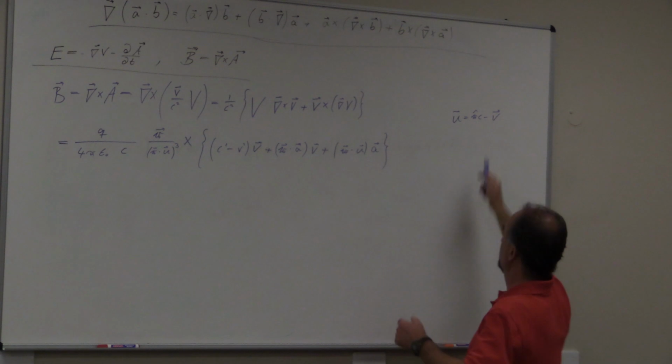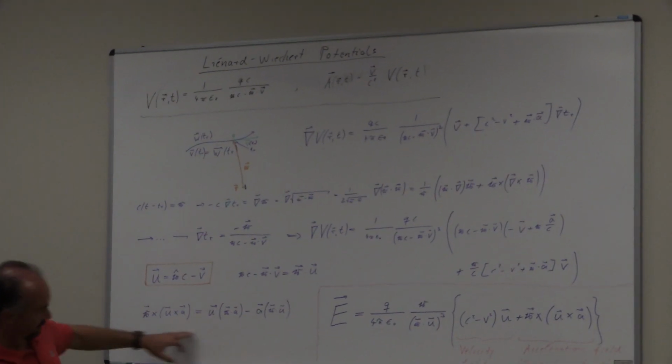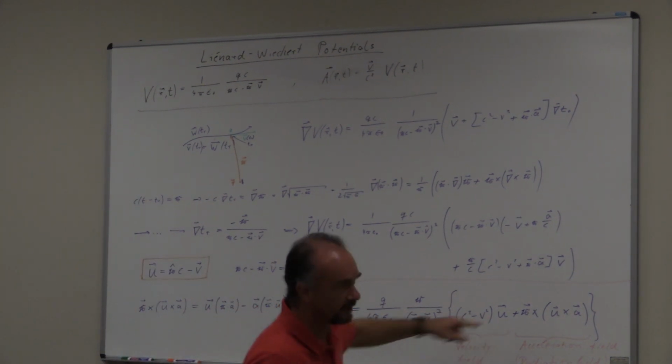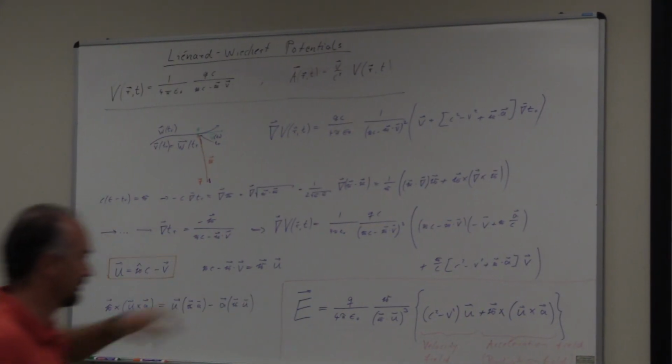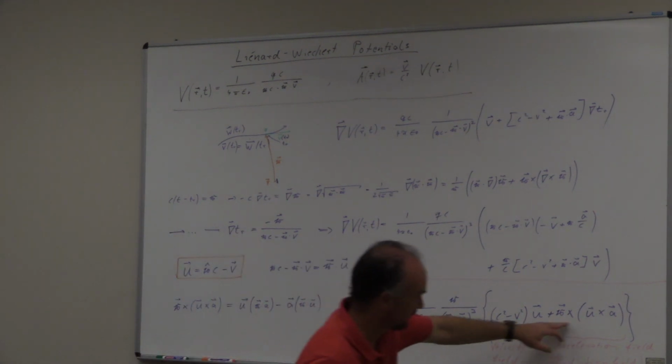So, since much of this looks very similar, remembering this triple cross product rule here, the c minus v squared u, only we have v there, and somehow a different sign. And here, instead of this cross product, we still have v instead of u, and both plus signs don't quite seem to work with that.